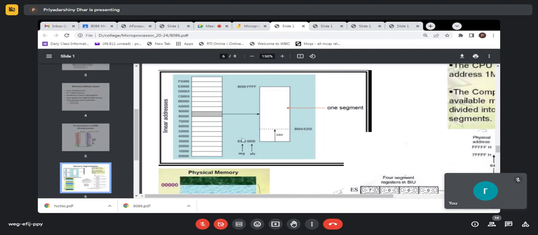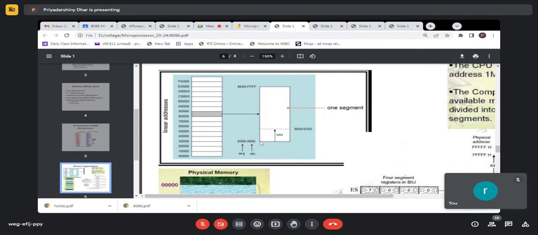This address 8000 is the starting address of this segment. And the ending address of this segment is 8FFFF, 8 followed by three times F. So this is 64 kilobyte.